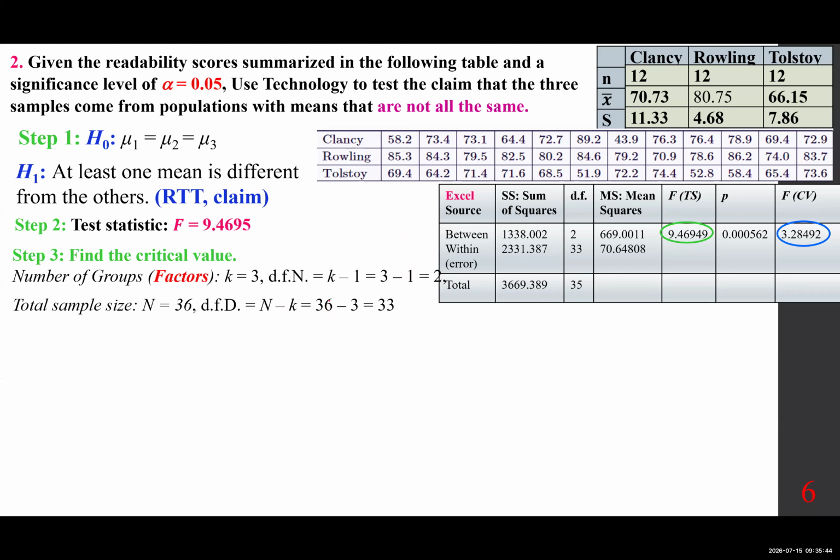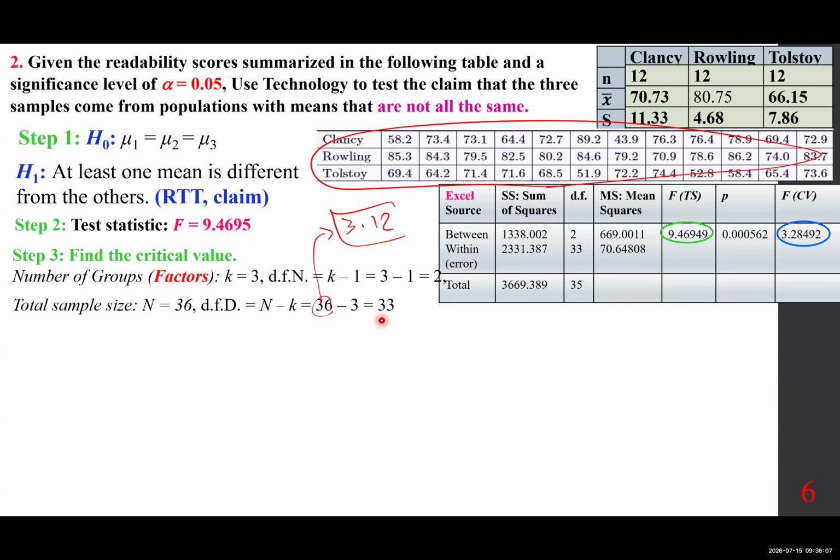Let's try it. This entire thing, there are 12 times 3 pieces. So when you're using the F distribution table, first you choose the table that has alpha 0.05. Degrees of freedom for the numerator is this number 2, and for the denominator is this number 33.